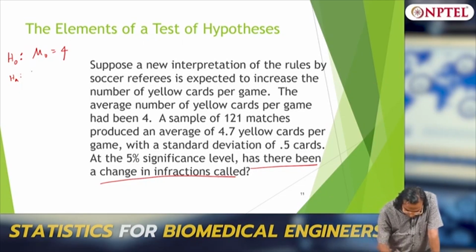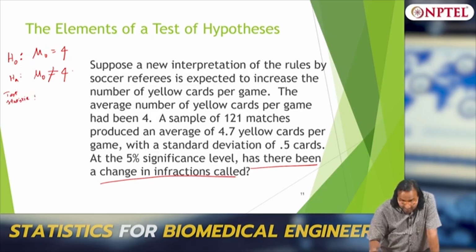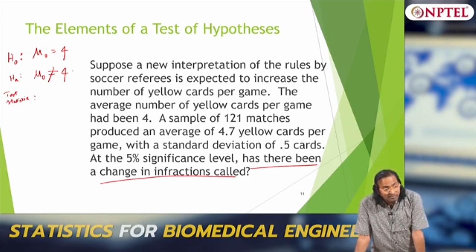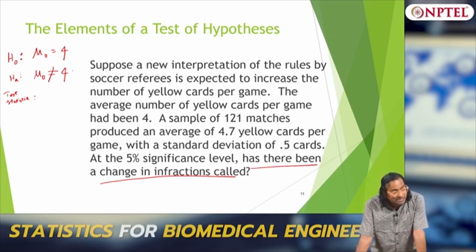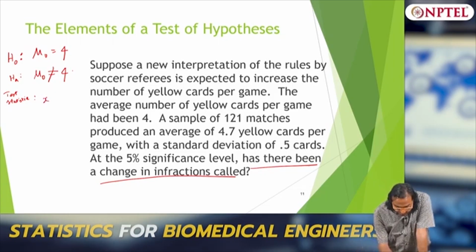So what do I have? What is my test statistic? What is the value? What is the test statistic first? X bar equals to... what is my standard deviation? Critical points.